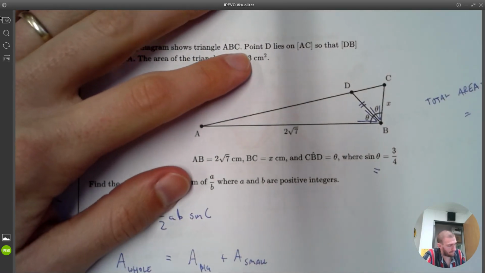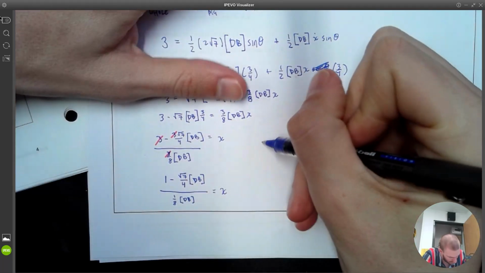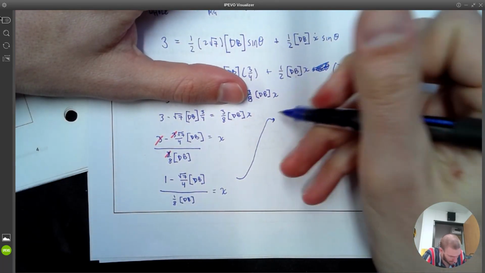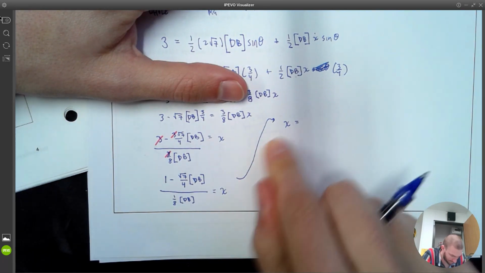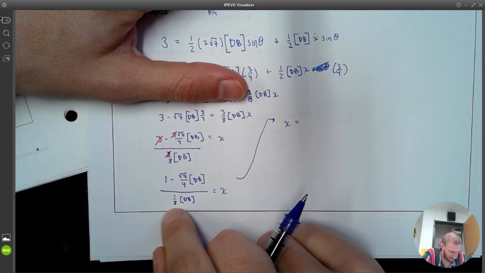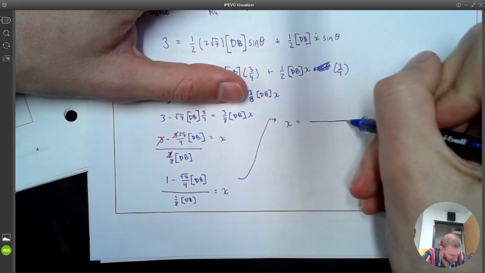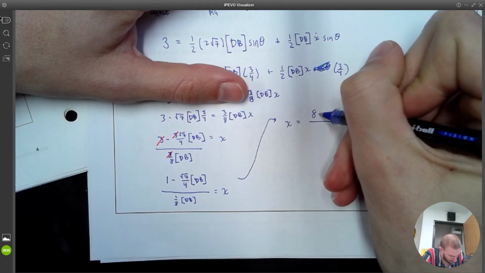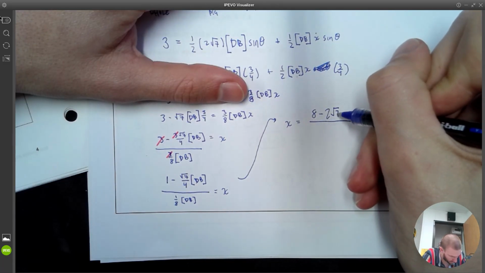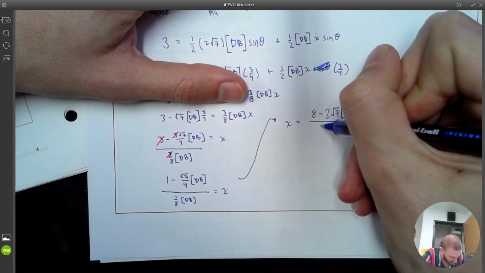Stall out just a bit. Let's see if we can do just a little bit more math. See if it comes to us. I'll put the x on the left because I like the x on the left better, and maybe I'll try to get rid of this 1/8. So I'll multiply top and bottom by 8. So that's going to be 8 minus 2 square root 7 dB.